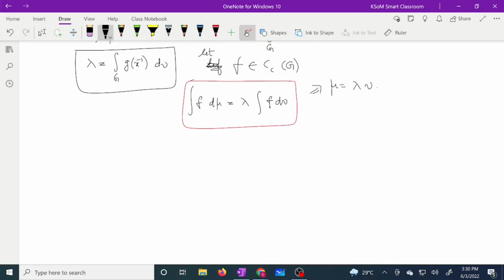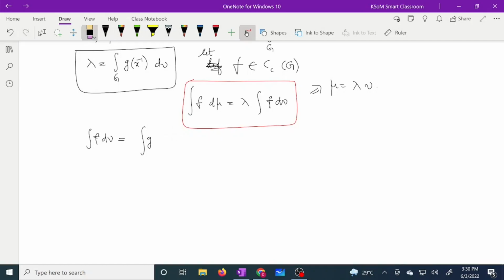So we start on the left with this. Start with the integral of f d nu. I think the lambda will come here, I'm not sure. Anyway, we'll see. This is equal to the integral of g d mu times the integral of f d nu. Okay, I should be careful of the variables also.